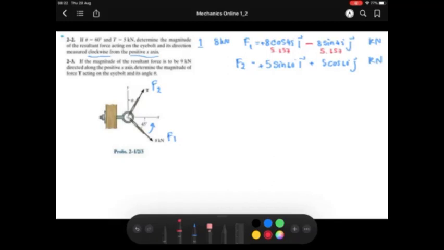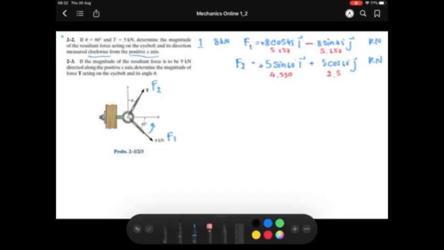We have 5 multiplied by sin 60, which is 4.330, and then 5 with cos 60, which is 2.5.